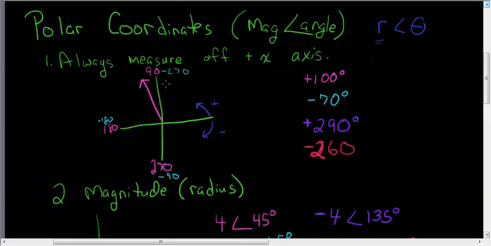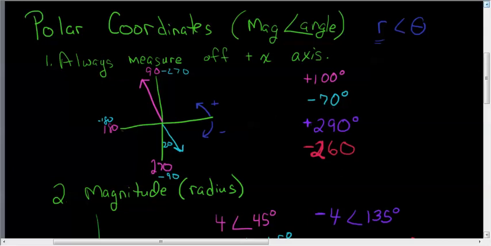So the positive y-axis could be called positive 90 or negative 270. This angle is negative 70, so it's not quite negative 90. It's 20 degrees short of negative 90. So this would be negative 70 degrees.